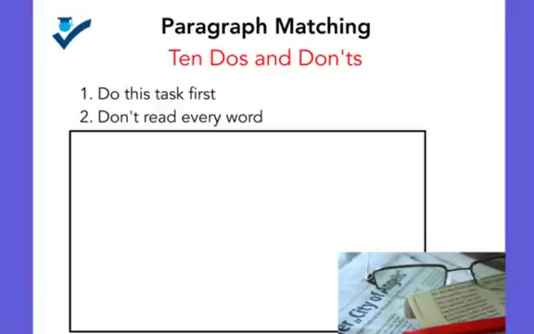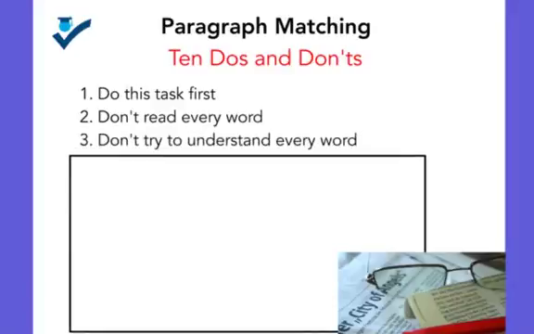Okay, but try not to read every single word. Don't do that, you don't have time. And also try not to understand every word. Okay, obviously there are words that you will not understand. And what normally happens is that candidates tend to panic.